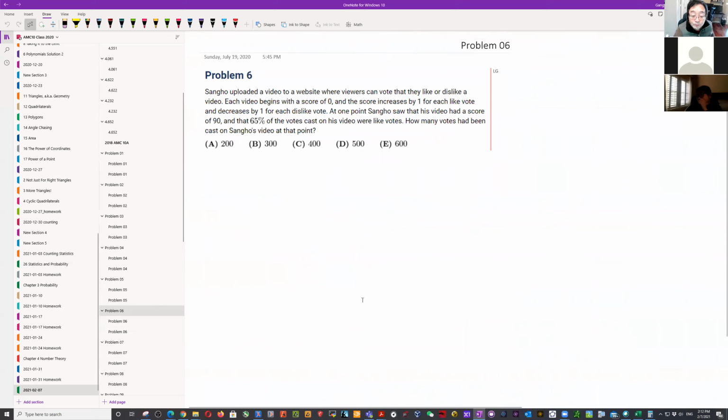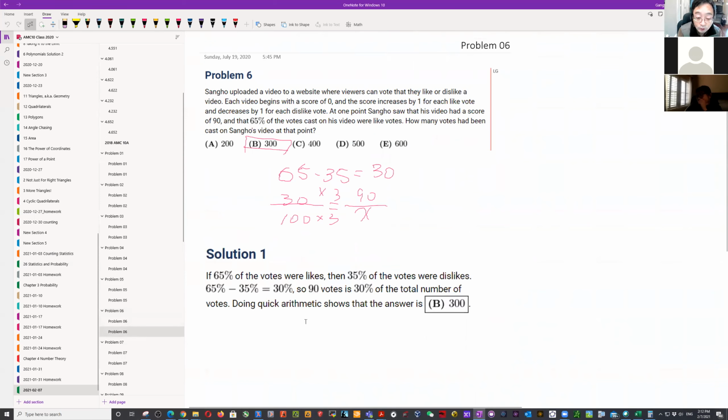So this problem, I actually treat as a ratio and proportion problem, because this website has reviews, and the review will give a score of 1 for a like and decrease 1 for a dislike.